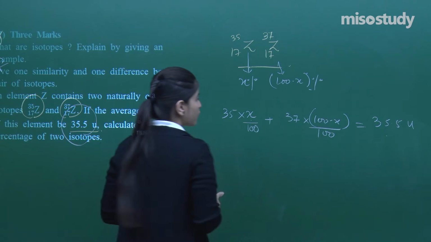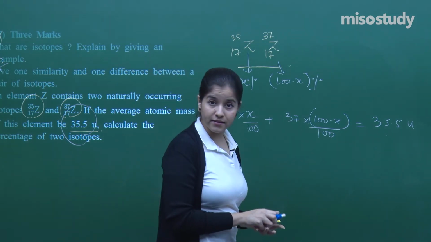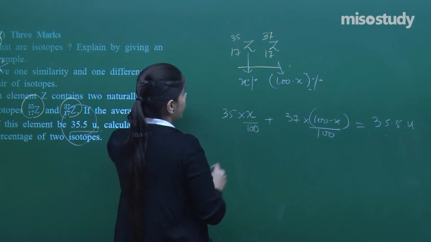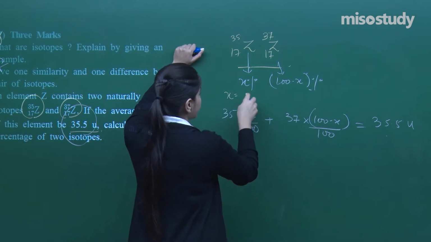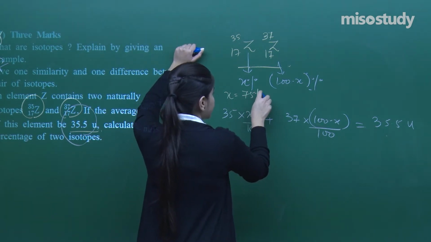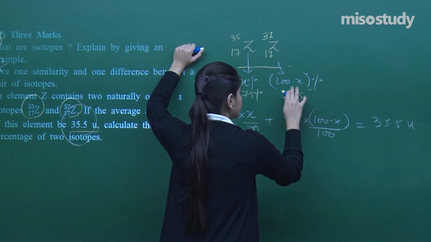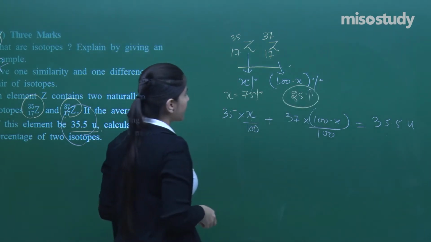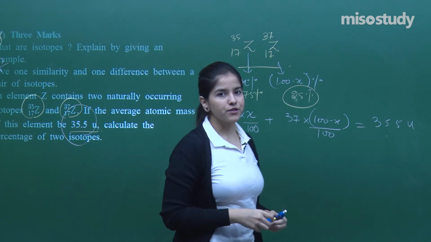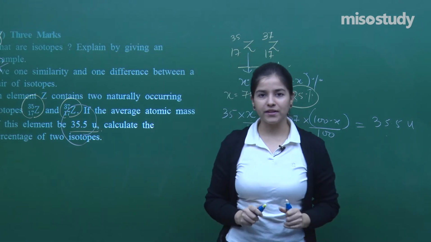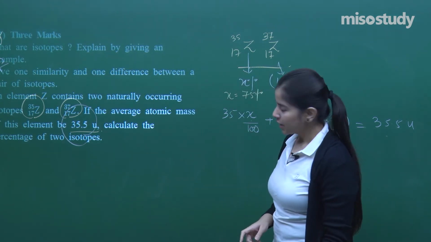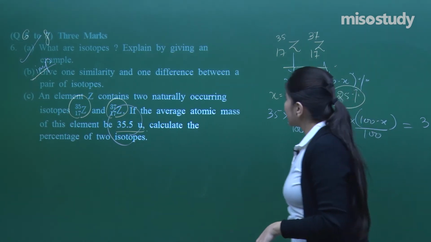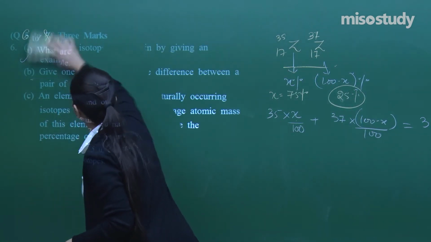Fine. So you need to solve this, and I am just giving you the answer over here. The value of X will come out to be 75%, and the other will be 25%. Got it? So that is how you need to find out this particular question, an important and interesting one. Okay, so now let's move on to the next question we have.